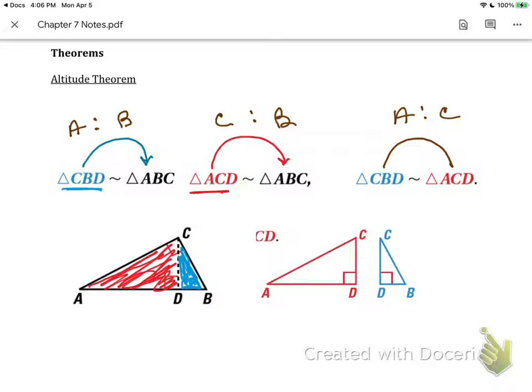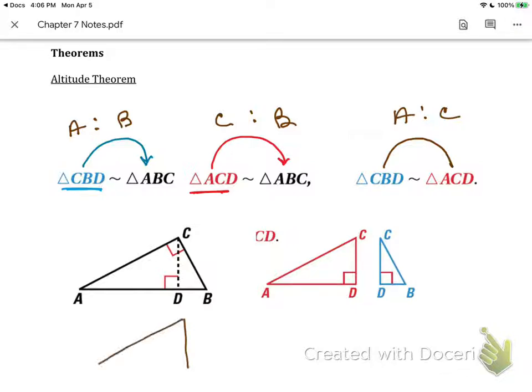So let's look at this and see if we can figure this out. Let me erase my coloring for right now, because we've already made that point. So here is your big triangle. I'm going to draw all three of these triangles with the same orientation.